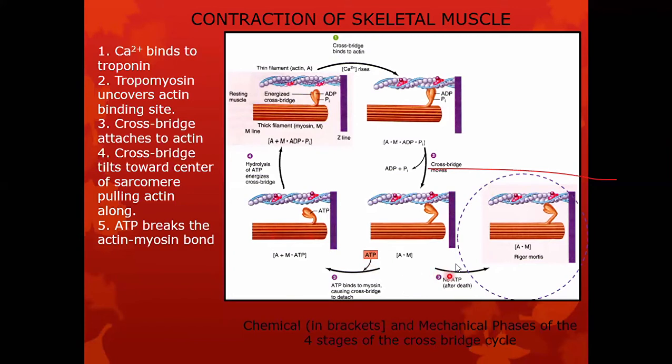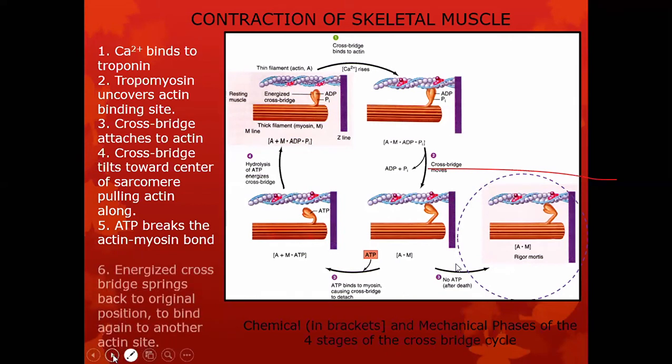So it will remain attached to the actin, and it will harden. That is your rigor mortis. This is the explanation why the muscle will harden after an individual dies. The cross bridge will remain attached to the actin because there is no more ATP.